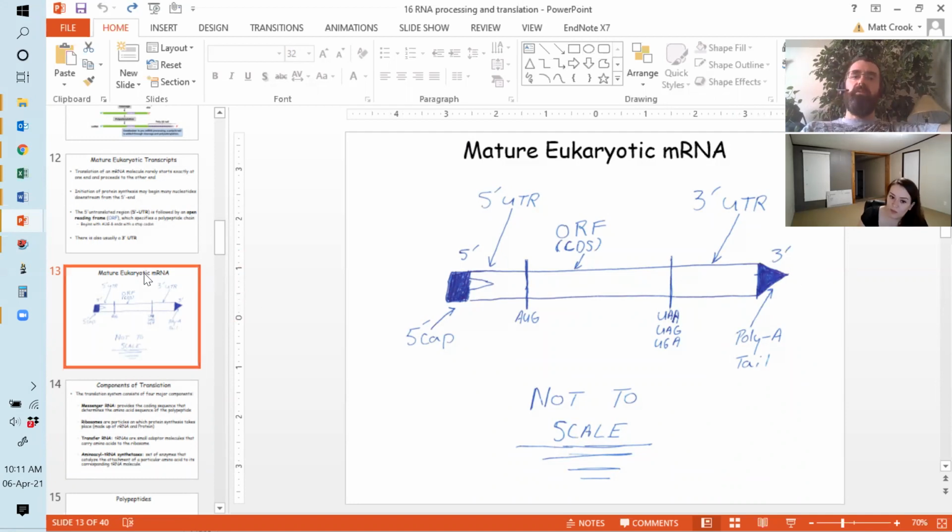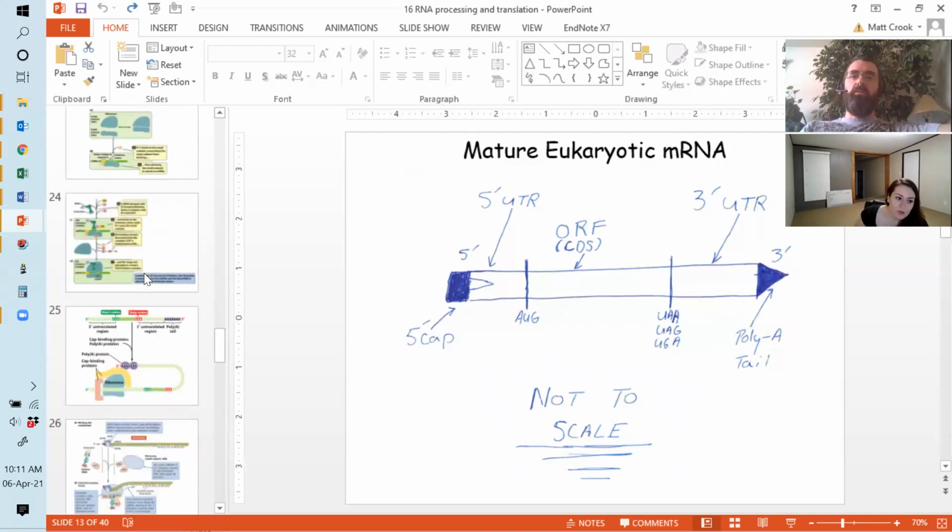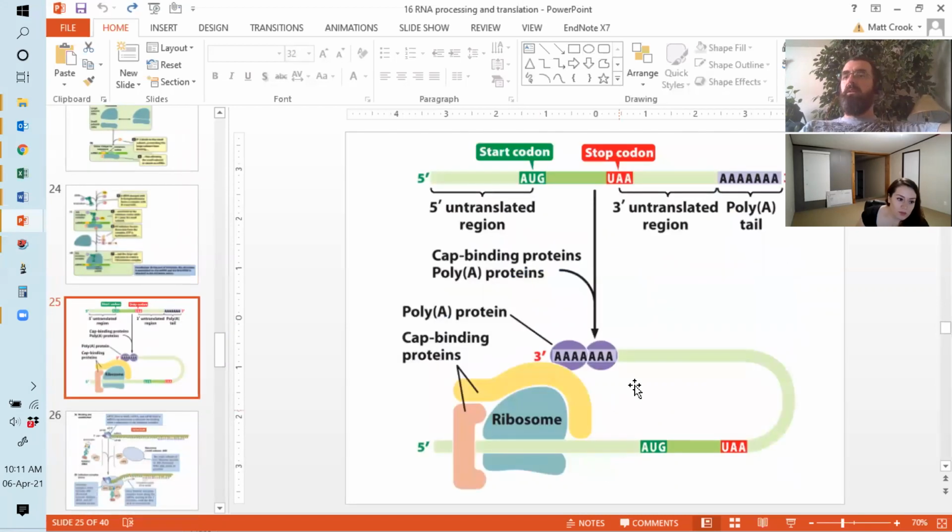If you remember, where are we at? The poly-A tail and the poly-A binding proteins are important in the assembly of the small subunit on the 5' cap. So if you stop this from bending, or you interfere with the interaction of these proteins with these proteins, the initiation of translation isn't as robust.